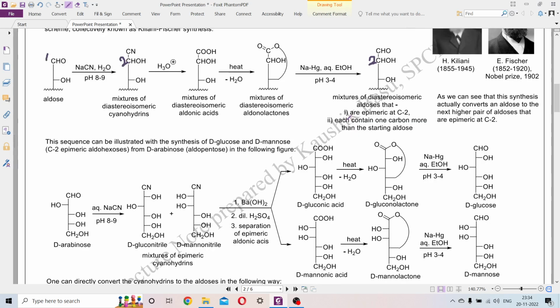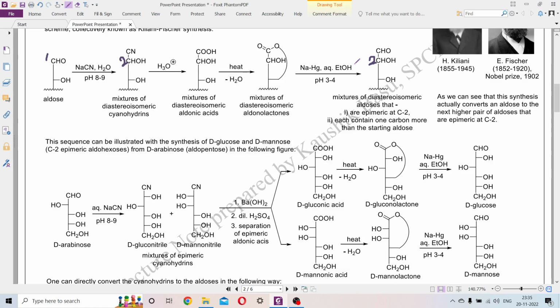So the Kiliani-Fischer ascension was extremely vital in terms of stereochemistry, because the stereochemistry of the chiral centers or asymmetric centers of the original aldose remained unaffected, but the new center, which was the C1, the sp2 hybridized CHO, will now become stereogenic, and on that carbon we will get an H and an OH, and we will get both diastereoisomers.